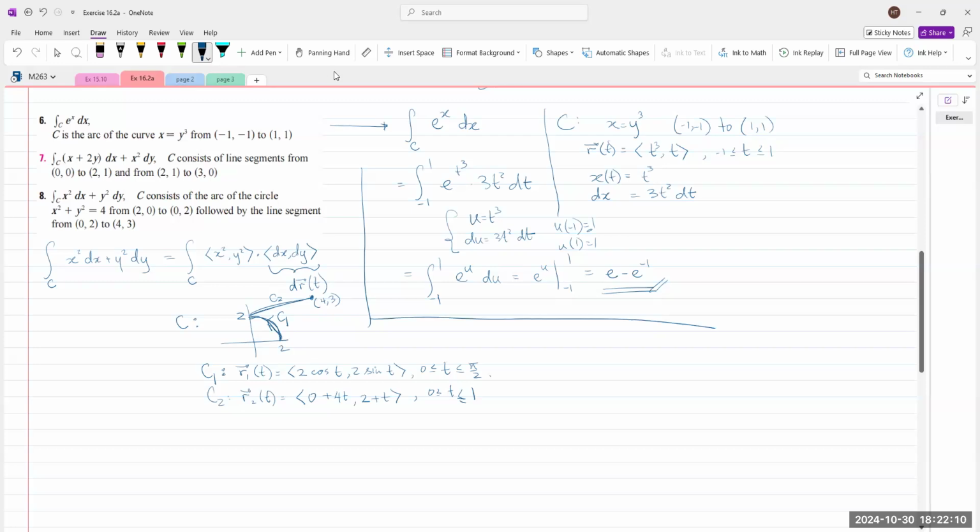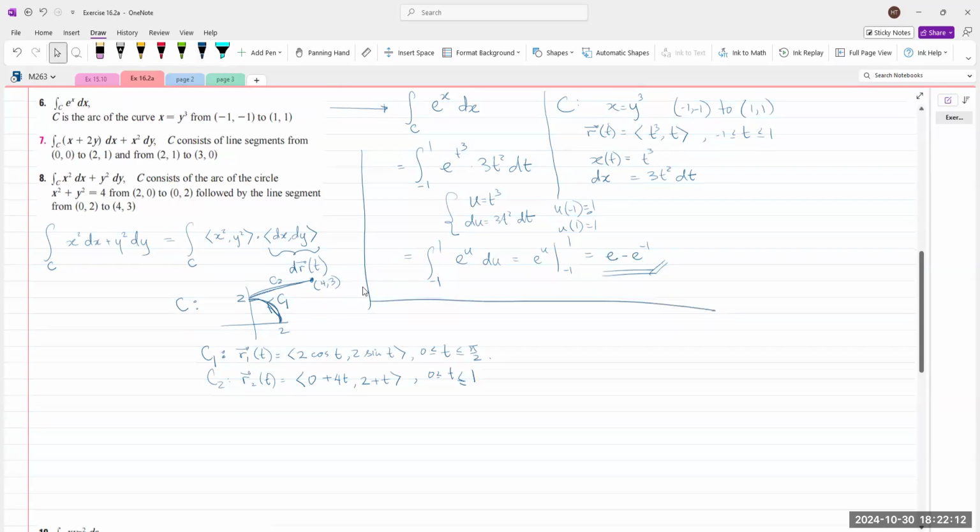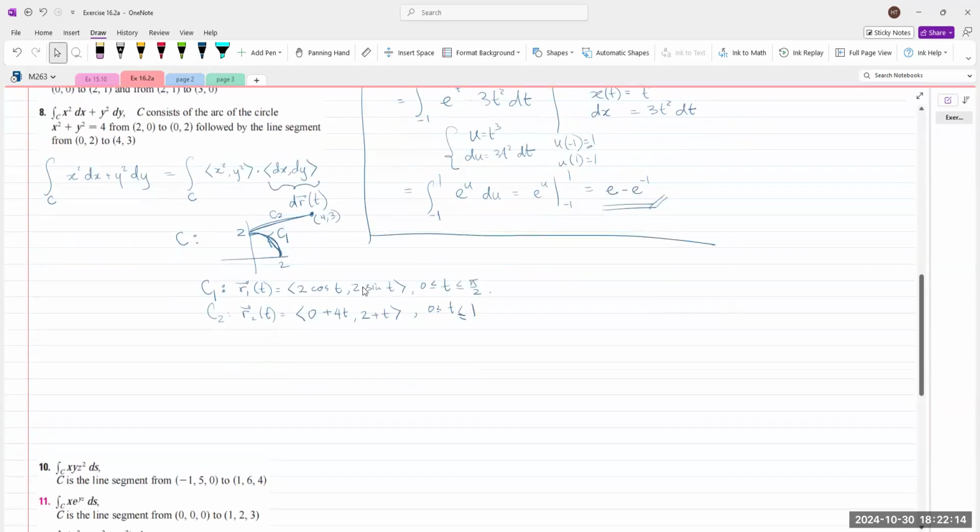Now r1 prime t will be (negative 2 sine t, 2 cosine t), and r2 prime t will be (4, 1).